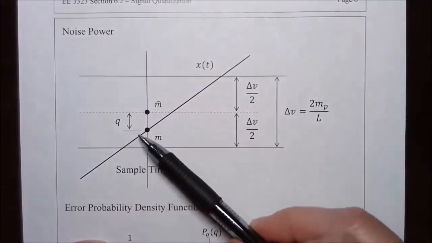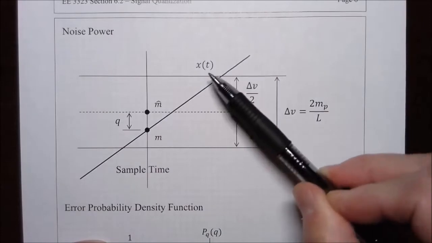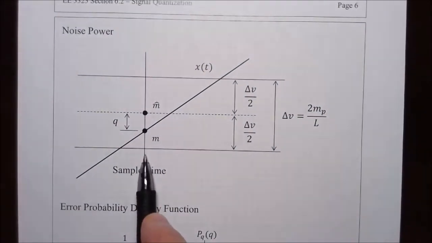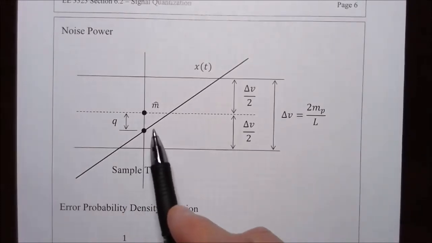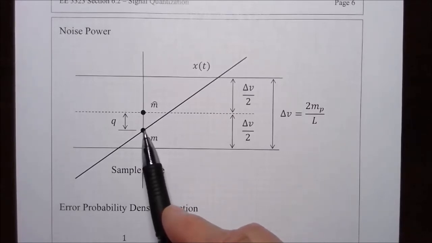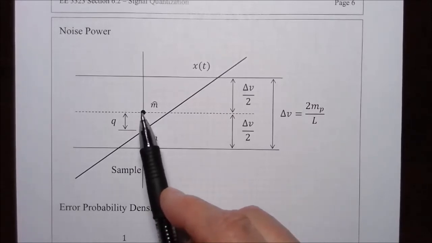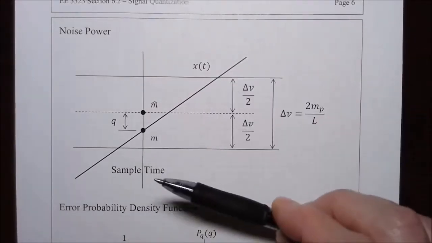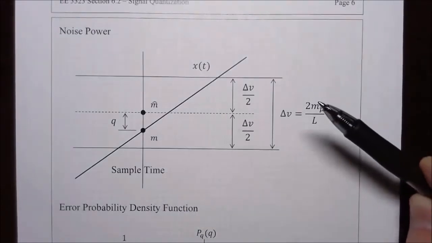So this is our continuous message signal, let's say x of t, and we have a sampling time indicated at this instant. Now at this instant the measured value is shown with this dot, and the nearest standard value is shown with the dot that lies halfway in between the levels for the quantizer.